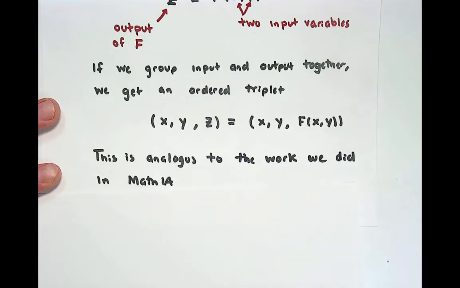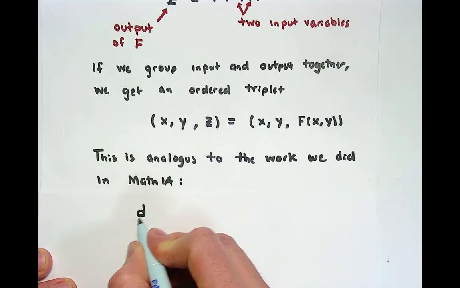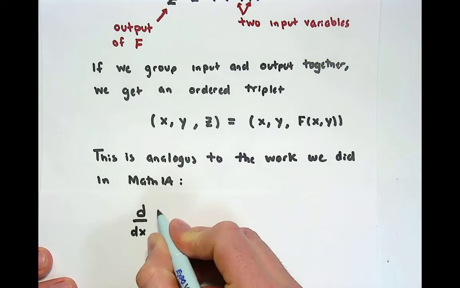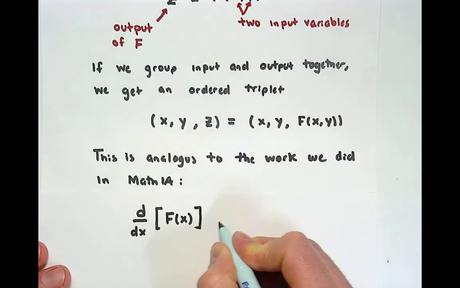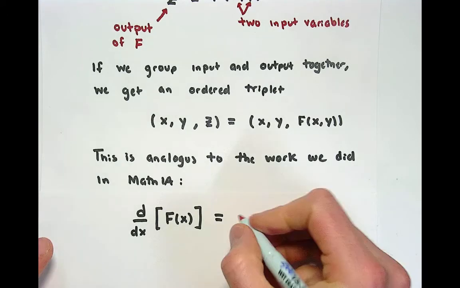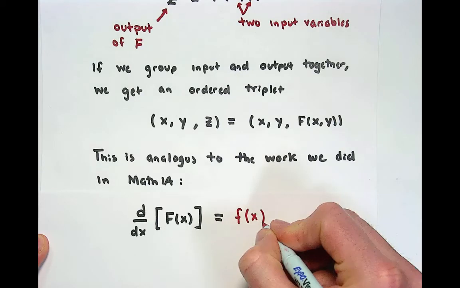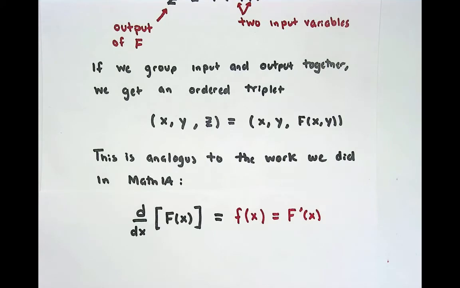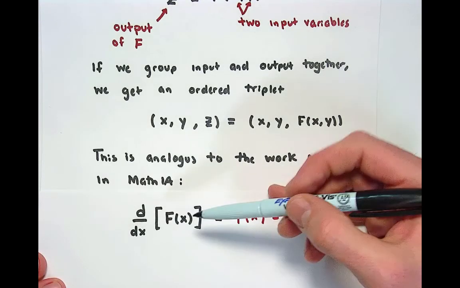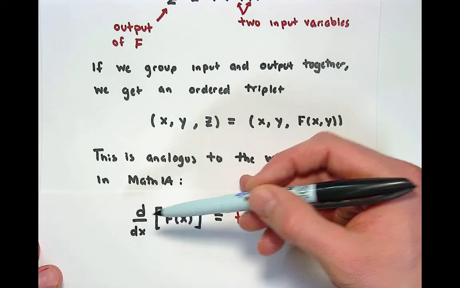In particular, remember that in calculus we studied this derivative operator applied to a single variable function, and then we produced the derivative, which in prime notation looked like this, right?